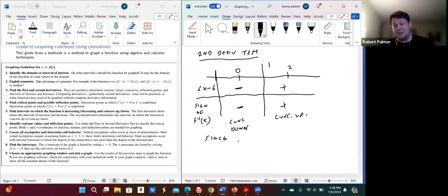But also, since f double prime of 1 is equal to 0 and the concavity changes there, that's actually more precise.